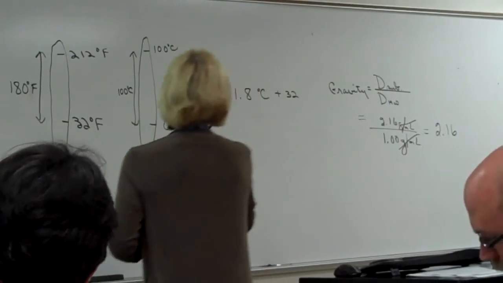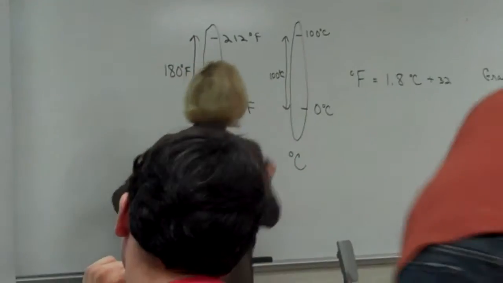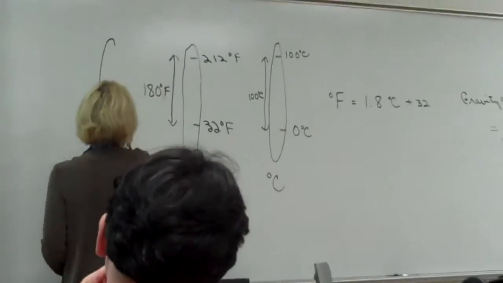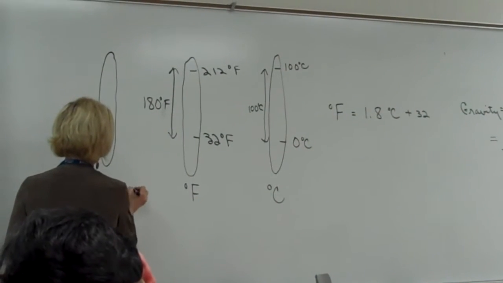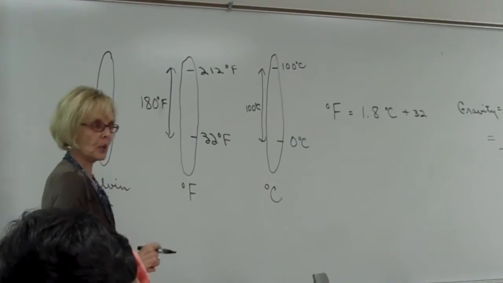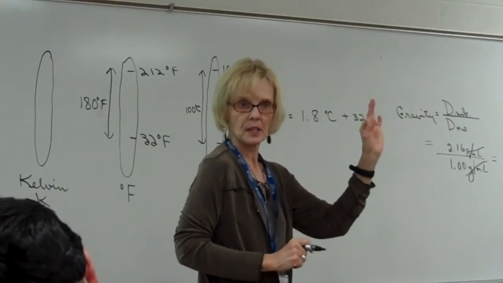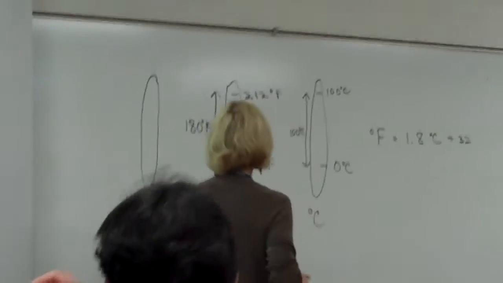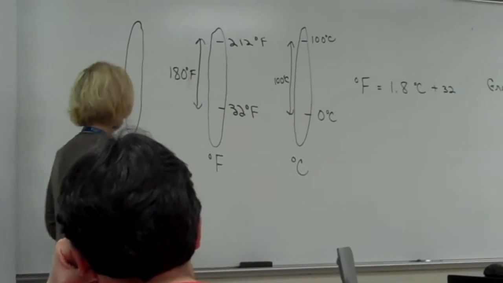So, we also, though, have a third one that we use, and it's the Kelvin. And that's abbreviated with a capital K. And by convention, they don't put the little degree sign there as they do with Celsius and Fahrenheit. Kelvin is sometimes referred to as the absolute scale.